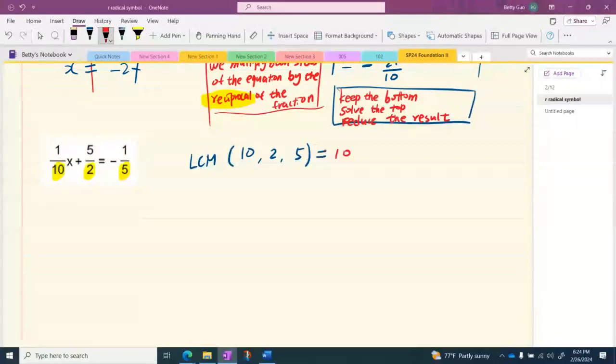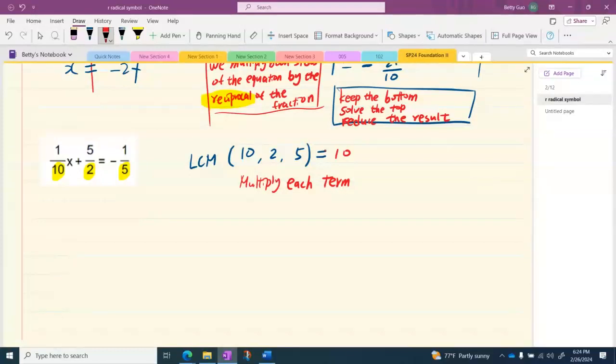All right, so once we find the least common multiple of all the denominators, we are going to multiply. This is a key step. Each term. Now you should be able to identify how many terms are in the equation, and the sign.